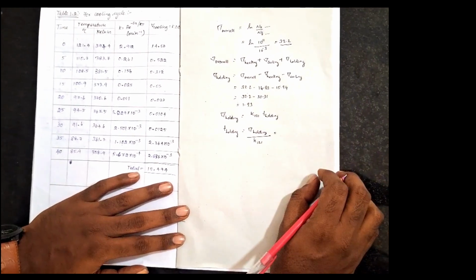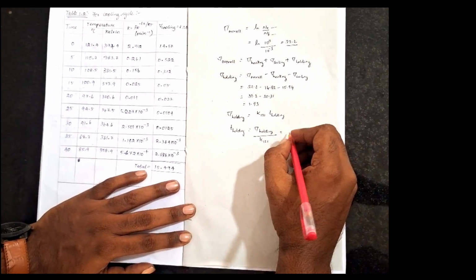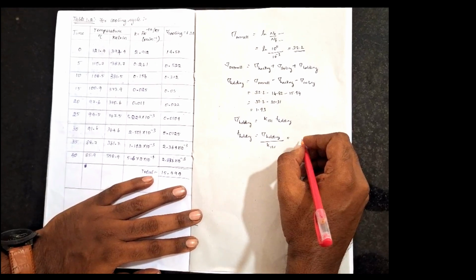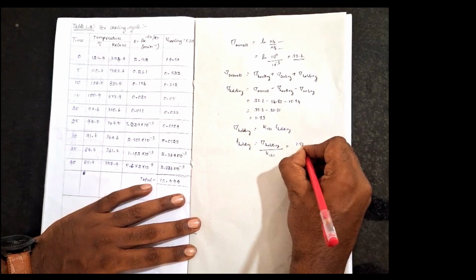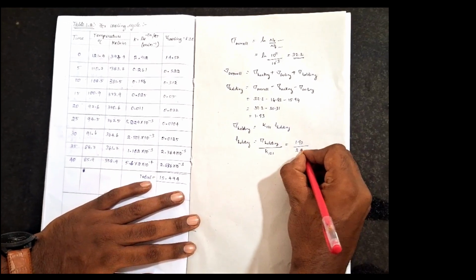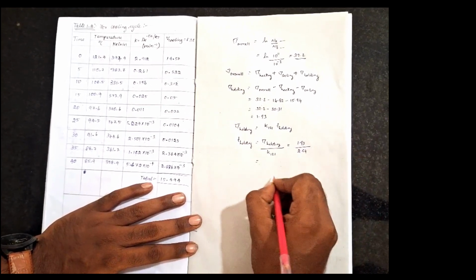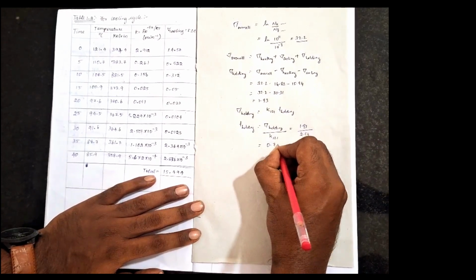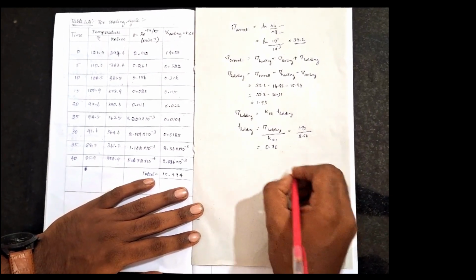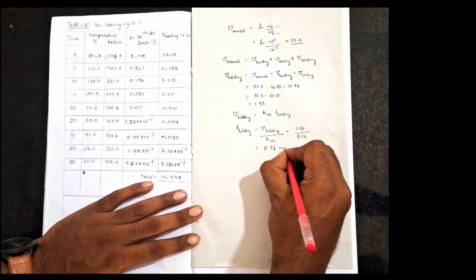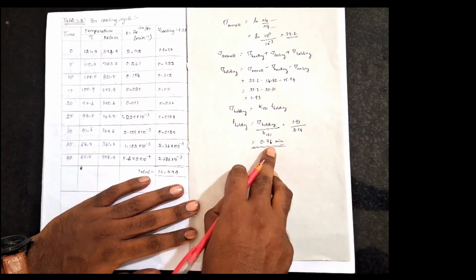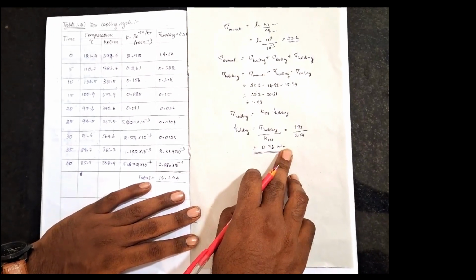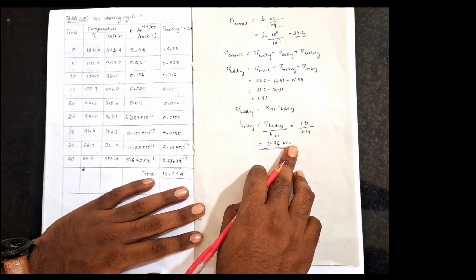For our model microorganism, the K value is 2.54 minute inverse. So del holding, which is 1.93, I need to divide by 2.54 and you will get the holding time as 0.759, approximately 0.76 minutes. So according to our calculation, our holding time is 0.76 minute. That's all for a batch sterilization.